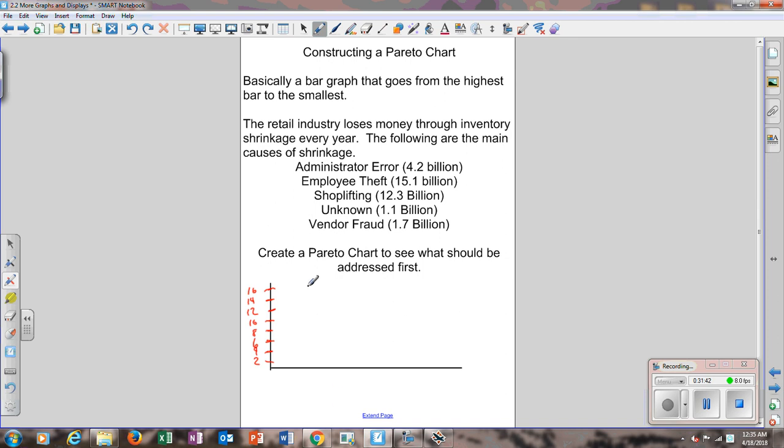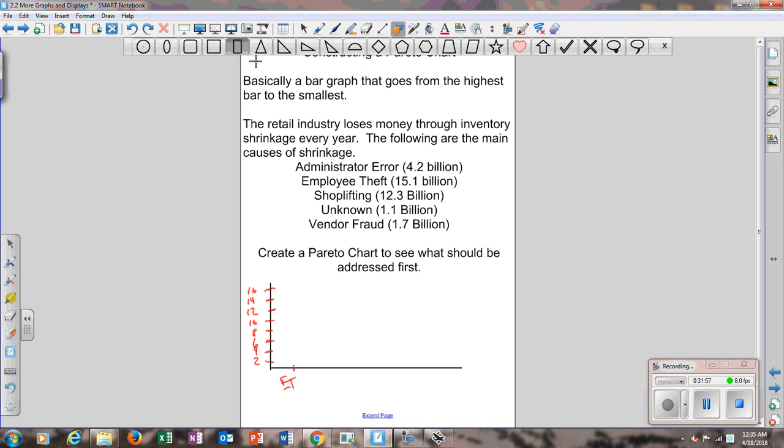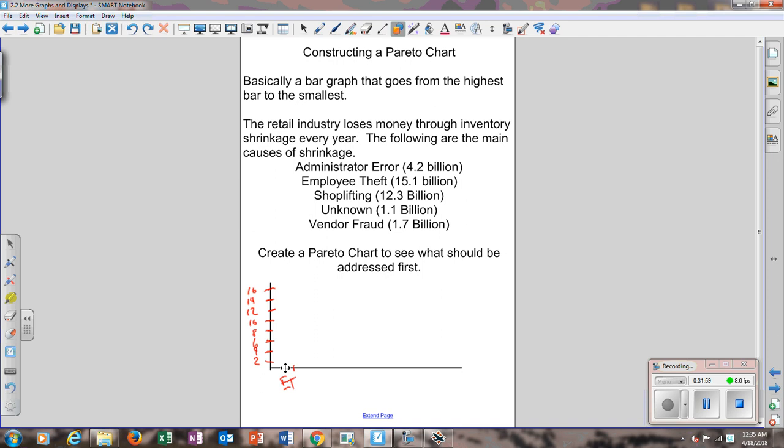Okay, and then you just label the bottom. So let's start with ET, employee theft. That's $15.1 billion. So it goes up to there.